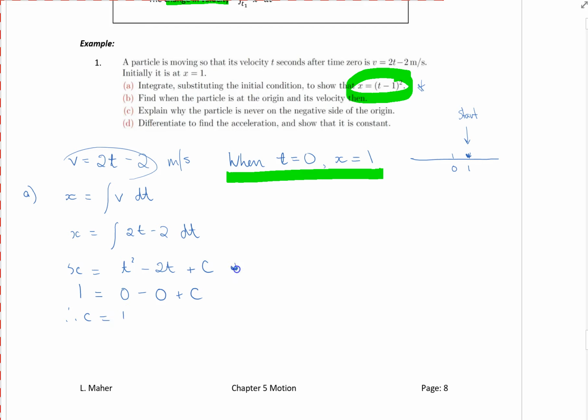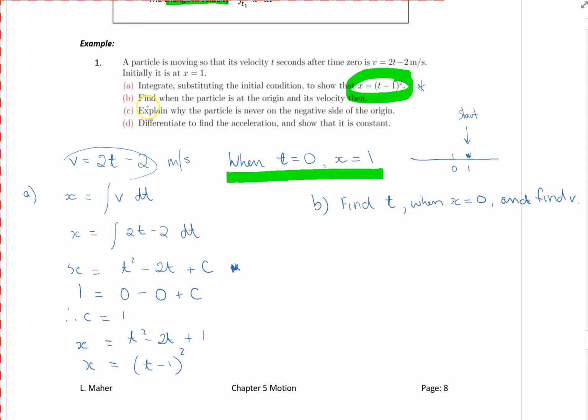So now I can go back to here and complete my expression for displacement as t squared minus 2t plus 1, which hopefully you recognise as a perfect square, because that's square the first, twice the product of the two, square the last, and so I've been able to show that the displacement is this expression, t minus 1 all squared.